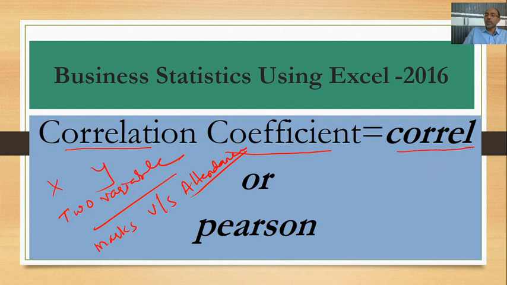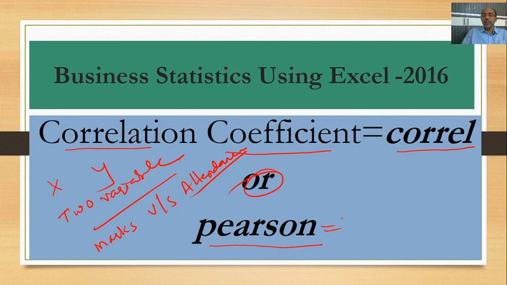One is called CORREL, that's all. Or PEARSON. The Karl Pearson method is available in Excel 2016 as an individual formula. Pearson also gives the same answer.